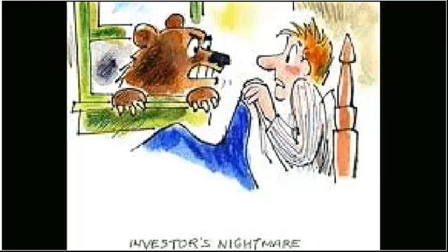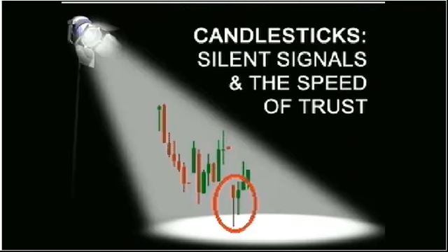Download my free report, Candlesticks, The Speed of Trust, on the homepage of TFNN.com for one of the best-kept candlestick secrets. I'll also be conducting an online course Friday, October 19th, to teach you the language of the market's sign builders. You'll learn the best entry and exit techniques and strategies that will create extraordinary rewards. The course will be archived so you can review it as many times as you like, because trading or investing without learning this language is like running a red light. It's an accident waiting to happen, and there's no airbags or seatbelts. All the details are on the homepage of TFNN.com.